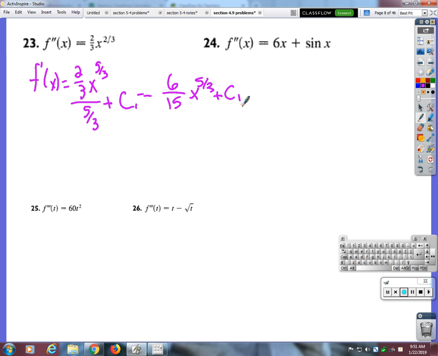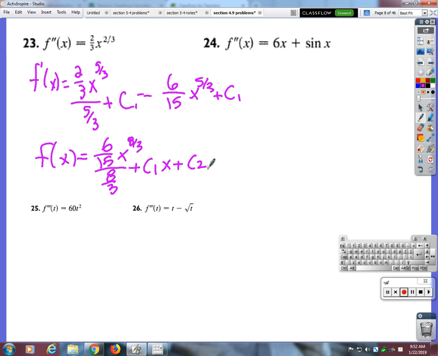Okay? Alright, then I have to take another antiderivative because that's not quite enough yet. So what's 5/3 plus 1? 8/3. So this would be 6/15 x to the 8/3 divided by 8/3 plus c1x plus c2. Okay? But then I have to multiply this by the reciprocal also.